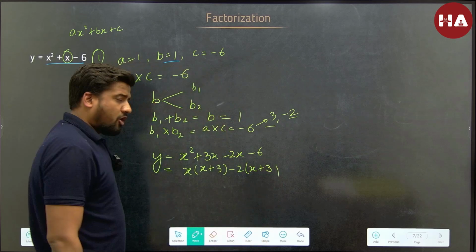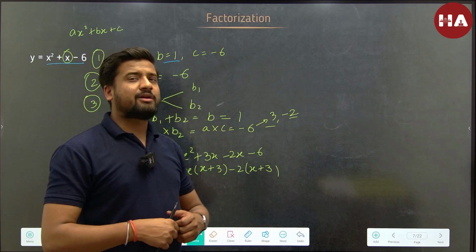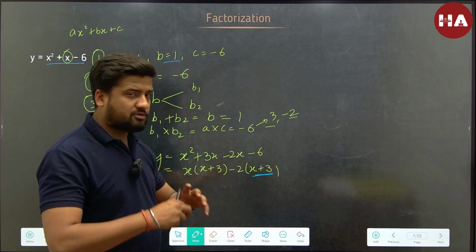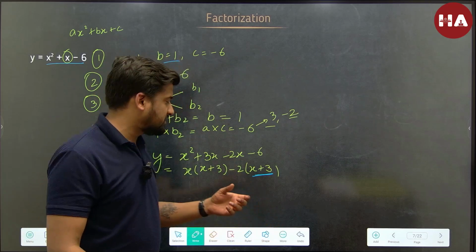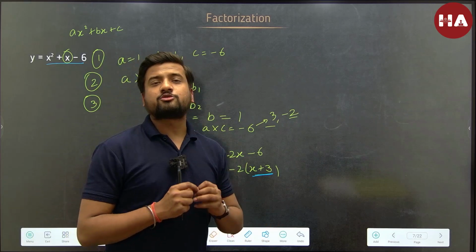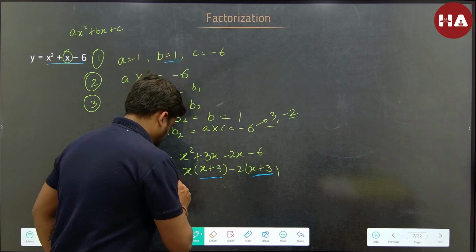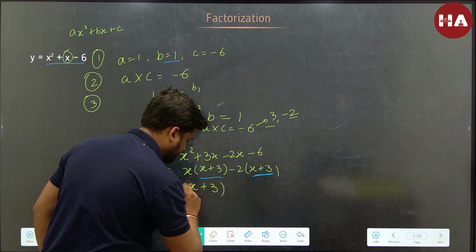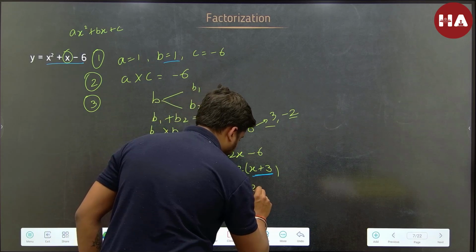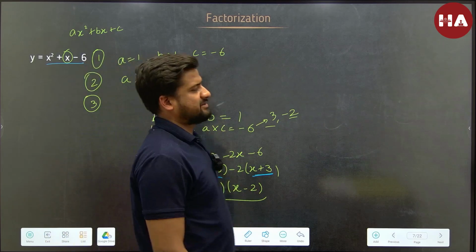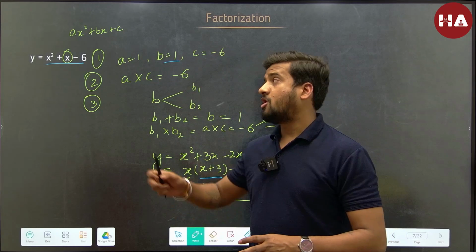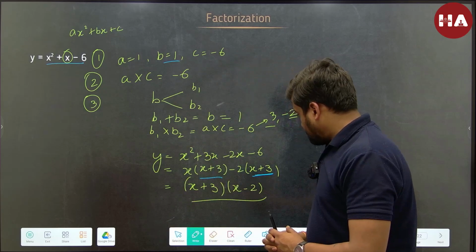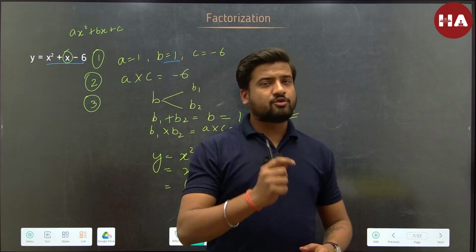Another hint to check whether you have broken it correctly or not: when you have split it into correct terms, these two brackets are always going to be the same. Then take out the entire bracket common, and we are left with this, and that's the factorization of x square plus x minus 6. All right, so please note it down.